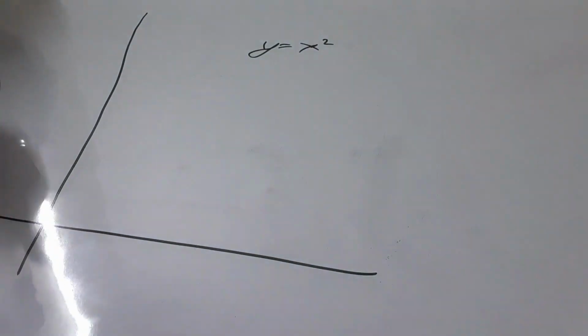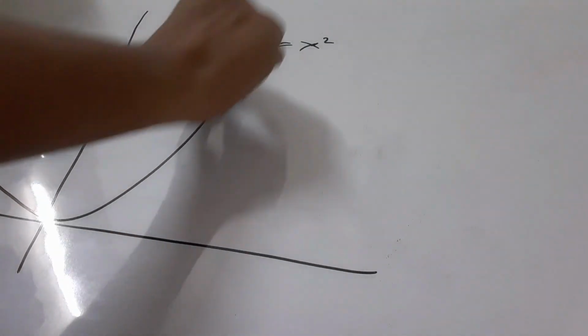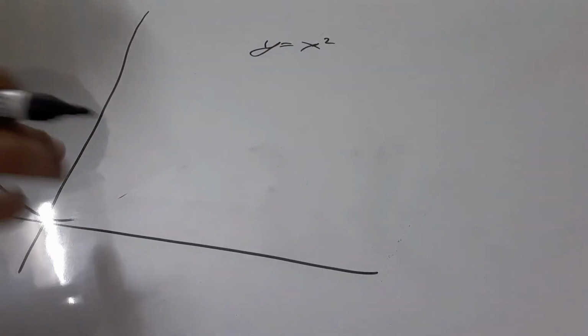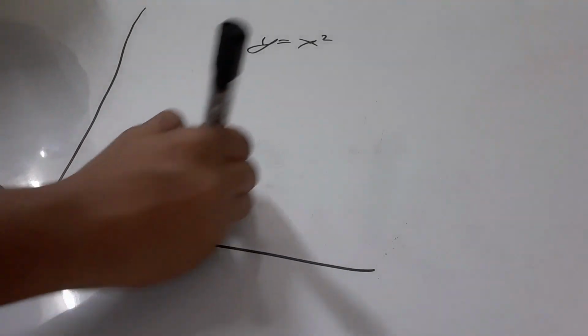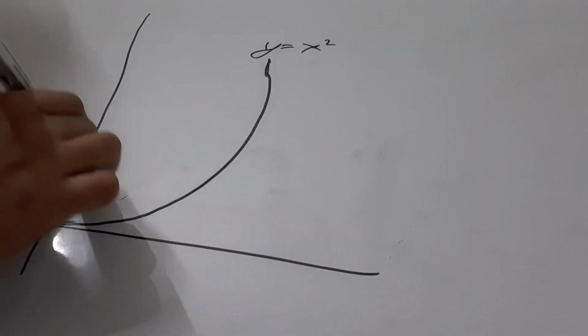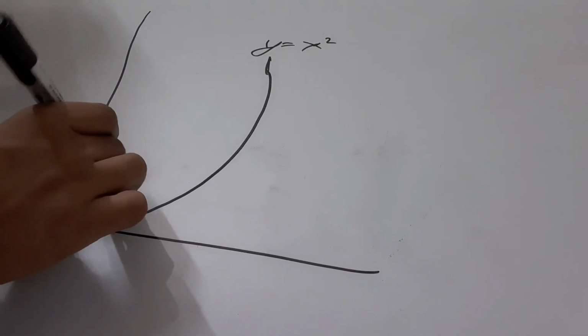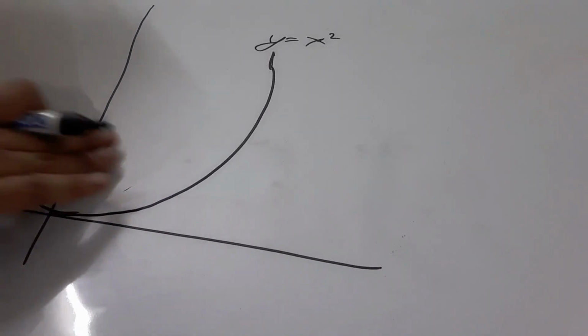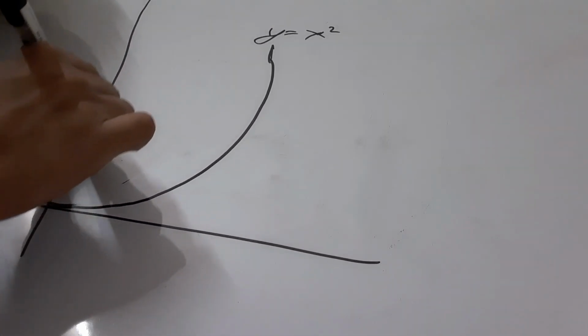X squared goes somewhat like this, makes a parabola. That is not how a parabola looks. It's symmetric about the y-axis, something like this. Has a focus about here, of no concern right now.